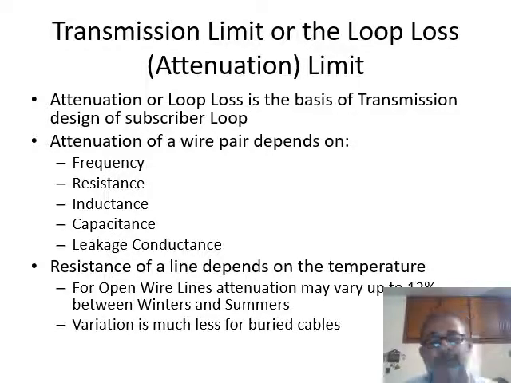Attenuation of a wire depends on multiple factors, for example, the frequency of the signal, resistance, inductance, capacitance, leakage, and conductance. Resistance of a line depends on the temperature also. So the open wire's attenuation may vary up to 12% between winters and summers.